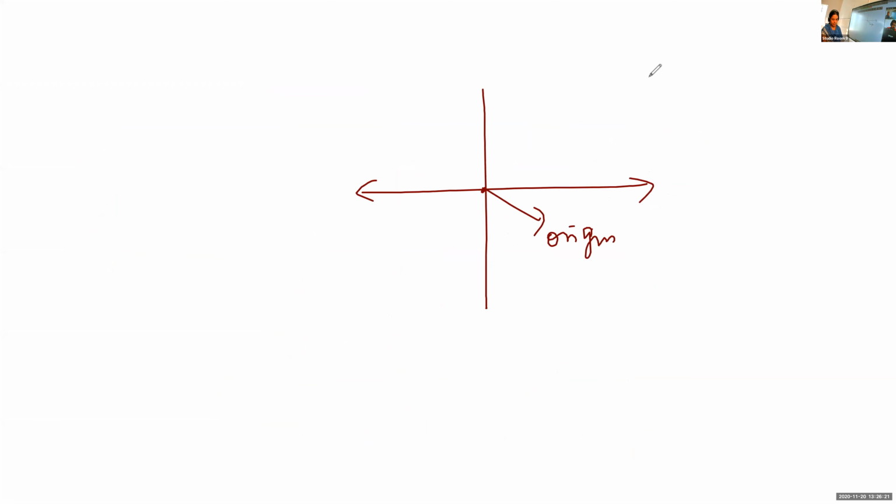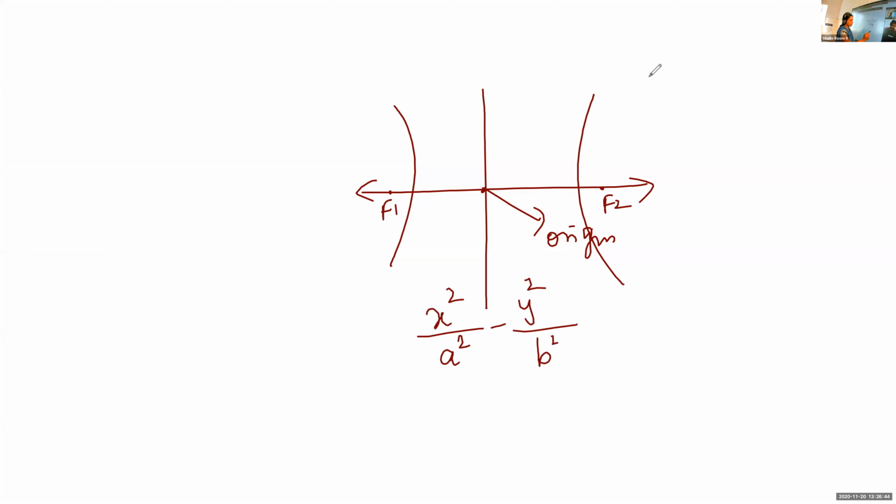The focus will lie either on the x-axis or y-axis. Suppose the focus lies on the x-axis, F1 and F2. In that case, the equation of the hyperbola is x square by a square minus y square by b square is equal to 1.